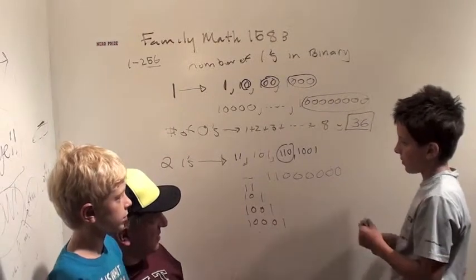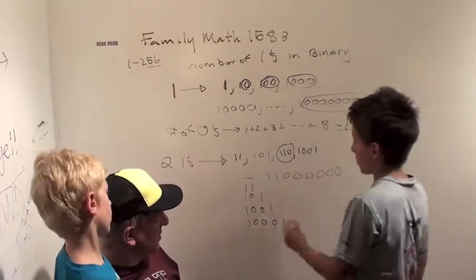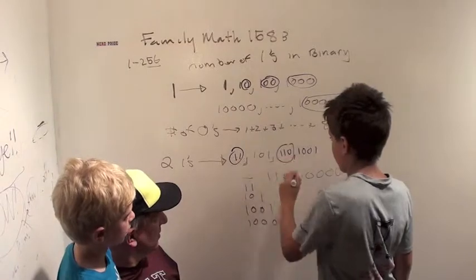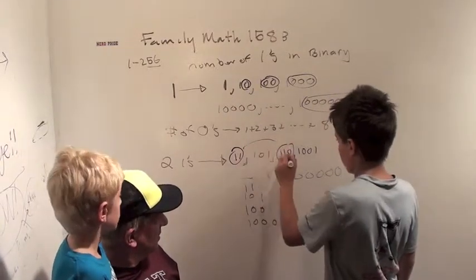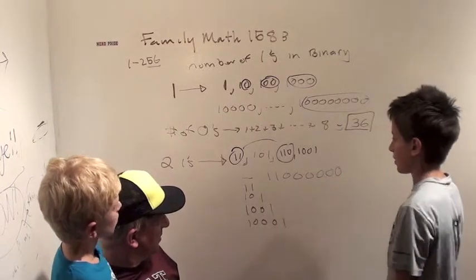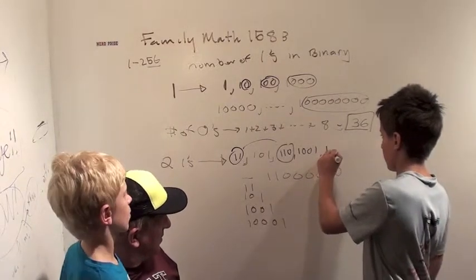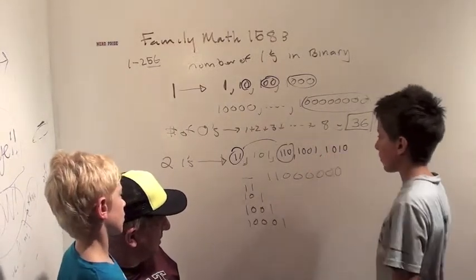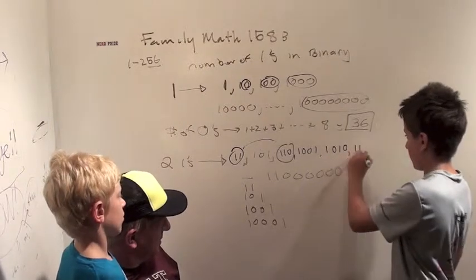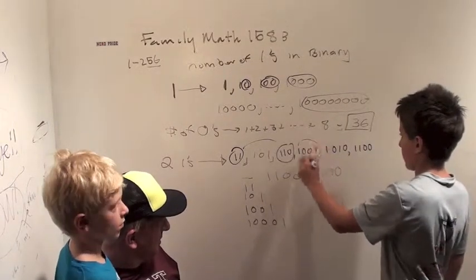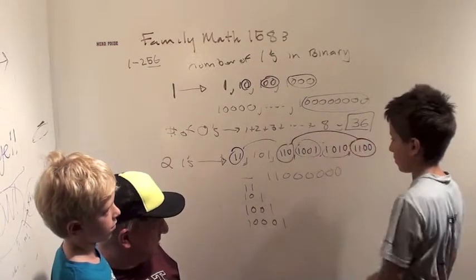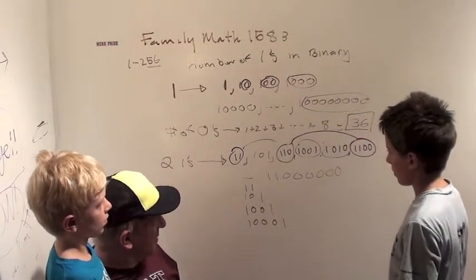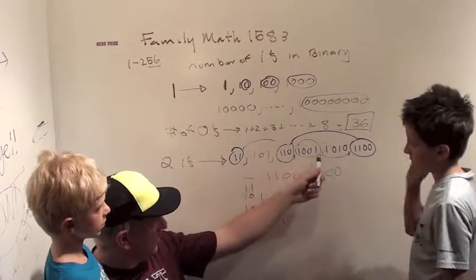Well, I see a pattern. From these 1, 1 somethings, there's one number between these two. I think there's going to be 2 numbers, because the next one's going to be 1, 0, 1, 0, and then 1, 1, 0, 0. So there's going to be 2 numbers. Hmm. So first there was one number, then there were 2 numbers.